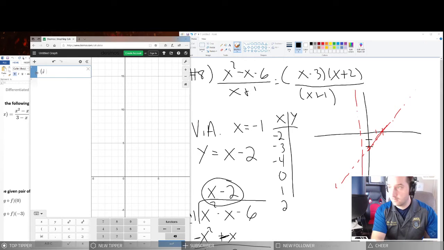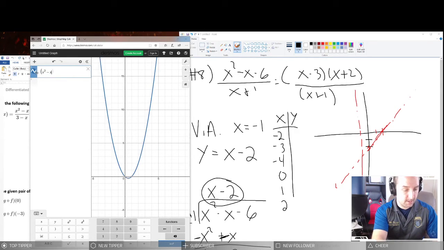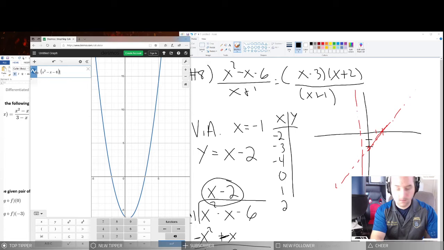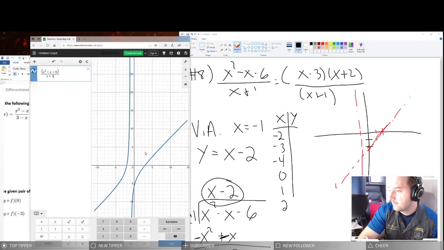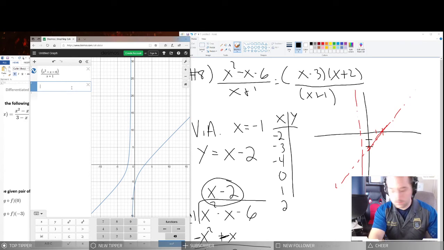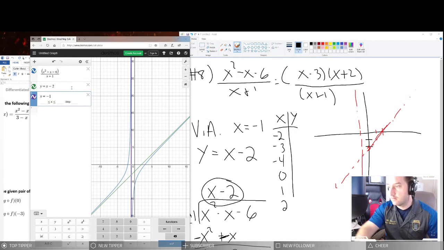So x squared minus x minus 6 over x plus 1. And I could show the asymptote, so y equals x minus 2, and then x equals -1.